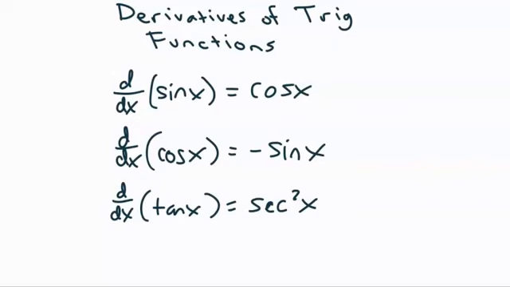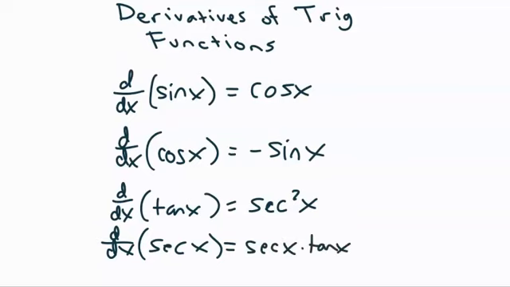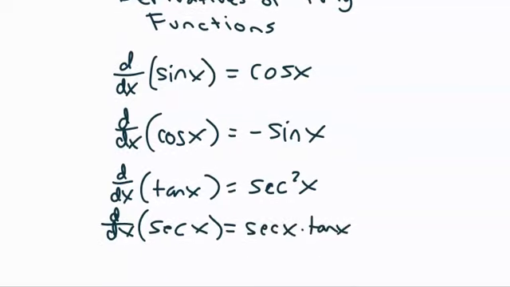And the derivative of secant is secant x times tangent x. I don't know how often we'll use the other ones. The rest of them: the derivative of cotangent is negative cosecant squared, and cosecant is negative cosecant times cotangent. So once again, probably after sine and cosine, you could start to look them up if you needed to.